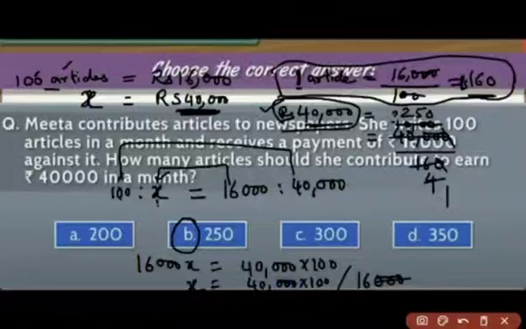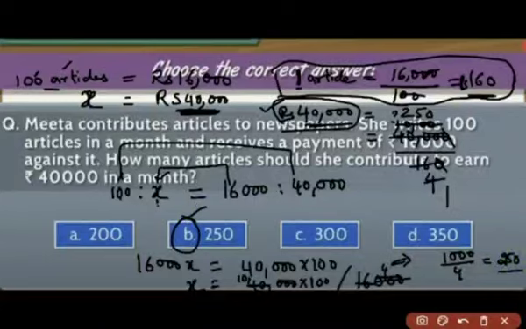So these 3 zeros will get cancelled. 4 fours are 16, and 4 tens are 40, so I will get 100 into 10, which is 1000 by 4, which is nothing but 250. We got the same answer, isn't it?